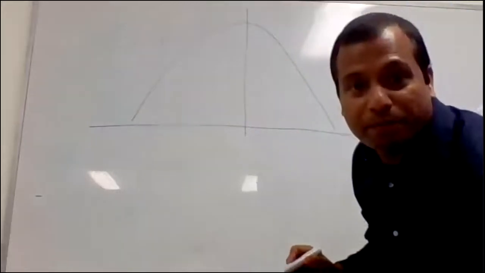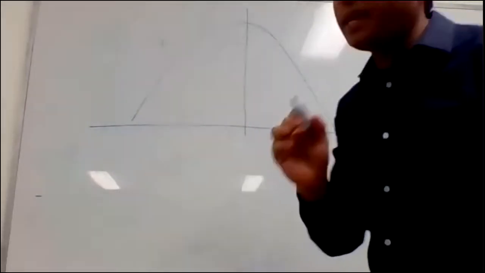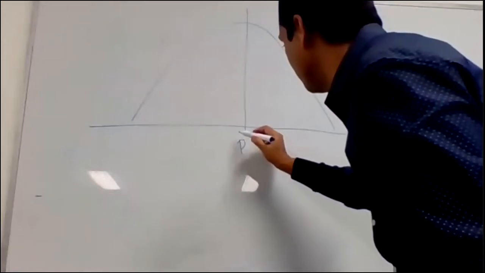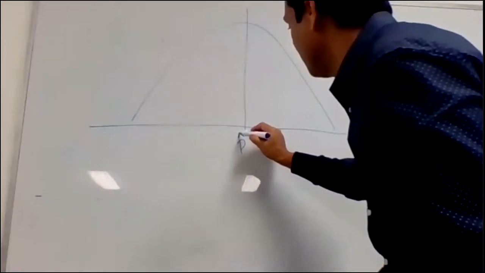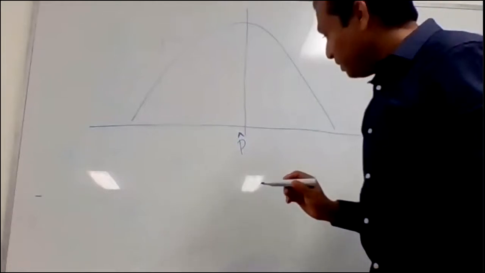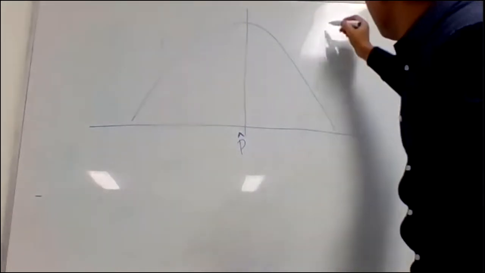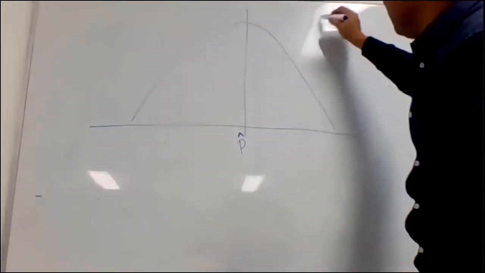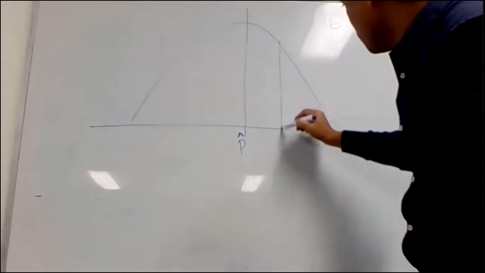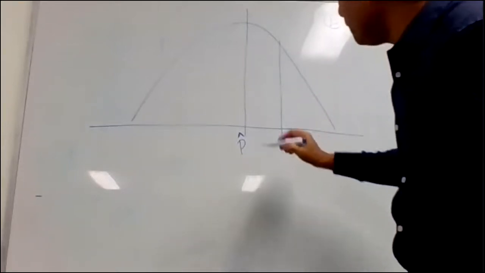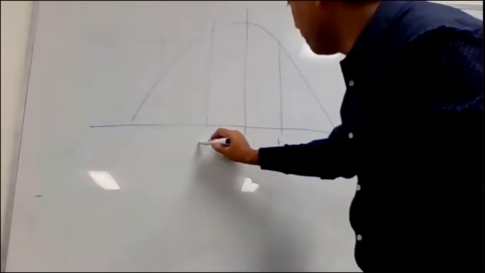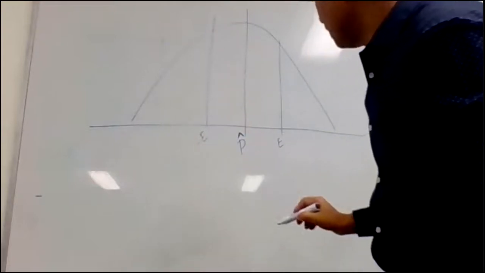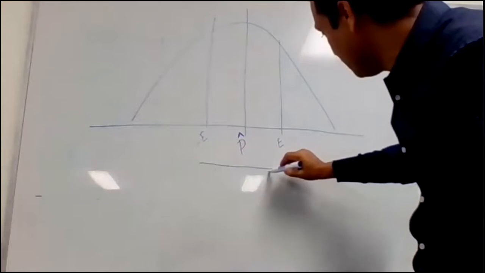In the case of sample proportion, you have p hat, somewhere here, and you calculated the margin of error E. So p hat plus E is here, p hat minus E is there, and you are interested in this interval.